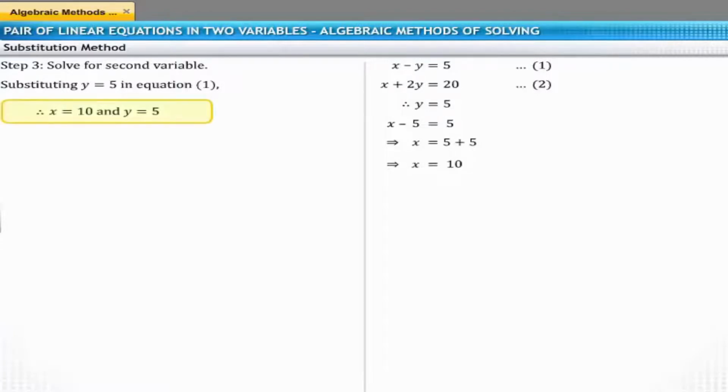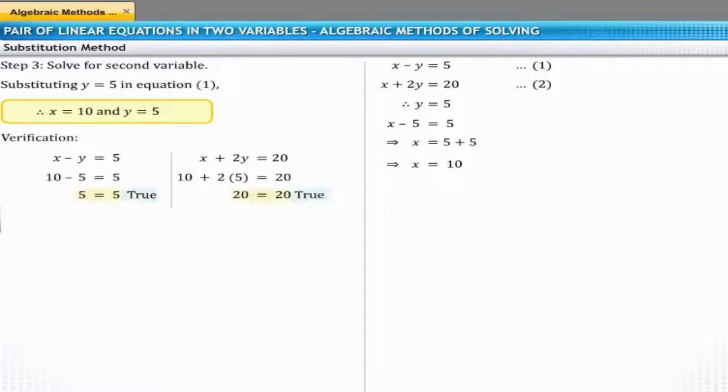Therefore, the solution to the given pair of linear equations is x is equal to 10 and y is equal to 5. The solution can be verified by substituting the values of x and y in both the equations. Let's check this out. In equations 1 and 2, substituting x is equal to 10 and y is equal to 5, we can see that both the equations are satisfied.